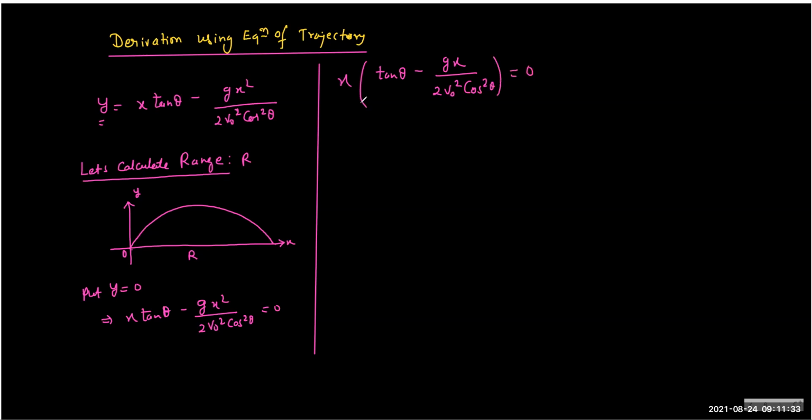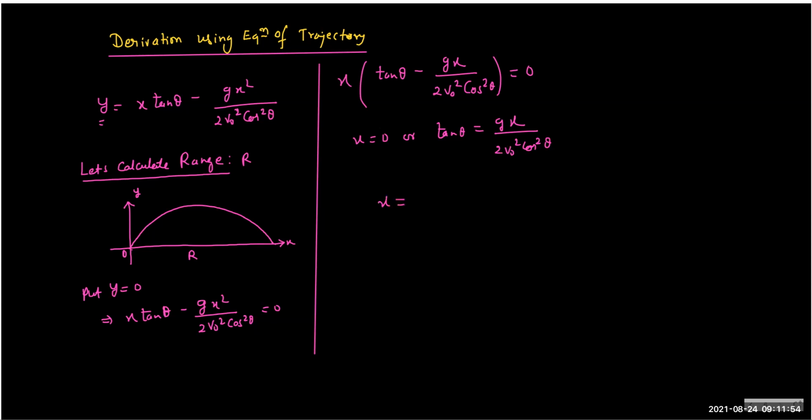And if this is equal to 0, so either x is 0 or tan theta equals to gx upon 2 v naught square cos square theta. So we know definitely the second answer is the range itself, isn't it?